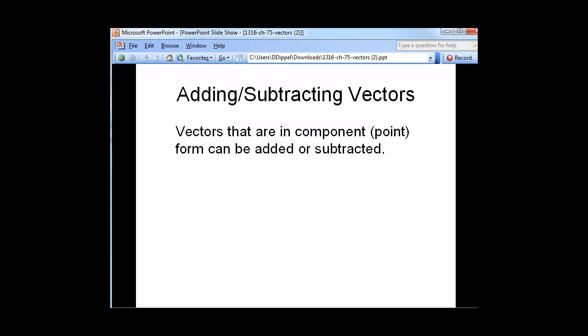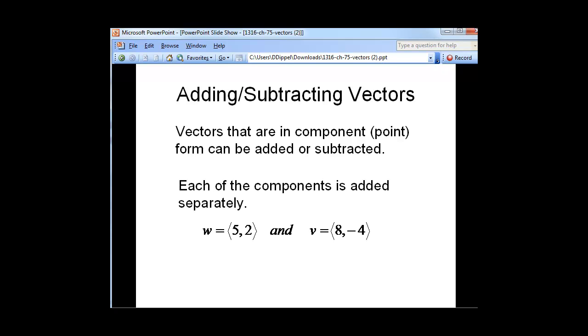Okay, you can add and subtract vectors. If they're in component form, which is what we looked at before, if they look like a point, you can just add and subtract the components. For instance, if you have <5, 2> and <8, -4>, you can add these vectors together by adding the 5 and the 8 and the 2 and the -4. 5 plus 8, 2 plus -4, which makes <13, -2>.